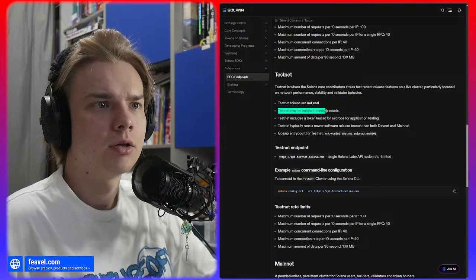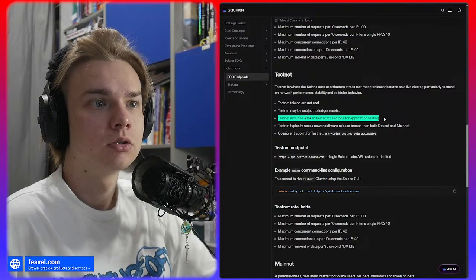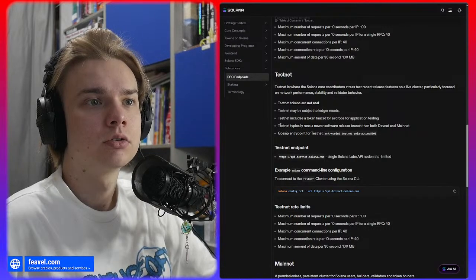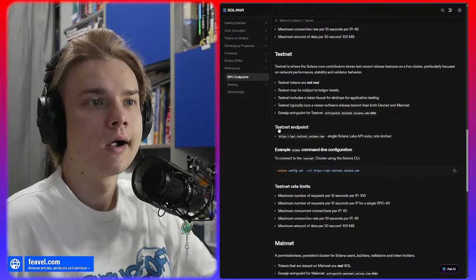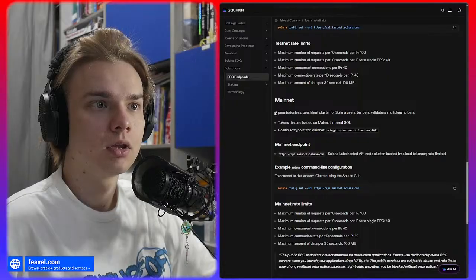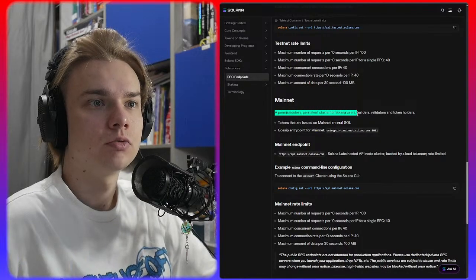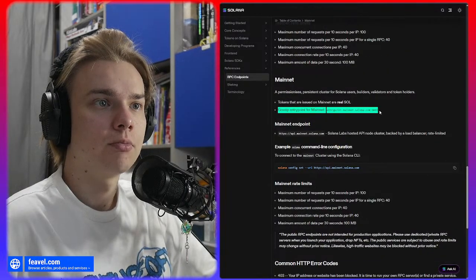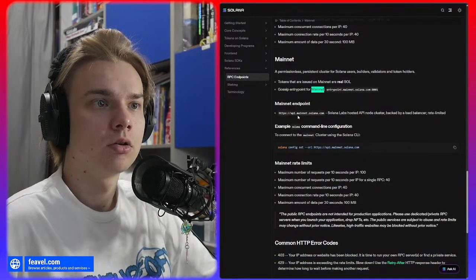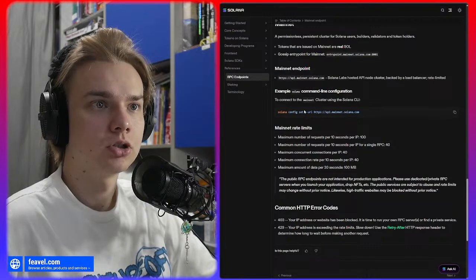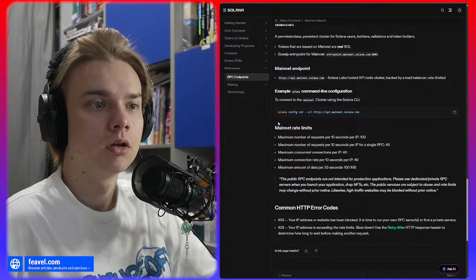Tokens are not real. Testnet may be subject to ledger resets and airdrops for application testing. Entry for testnet. Okay. Mainnet is a permissionless persistent cluster for Solana users, builders, validators, and token holders. Tokens that are issued on mainnet are real Solana. Gossip entry point for mainnet. Example Solana command line configuration to connect to the mainnet cluster using Solana CLI. Okay.